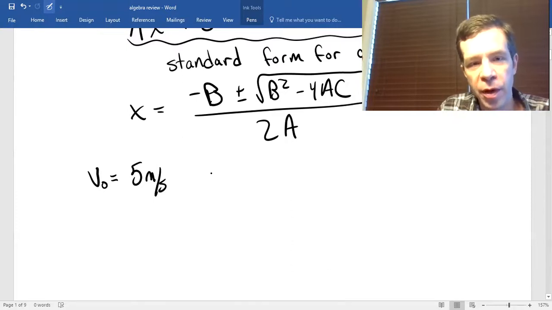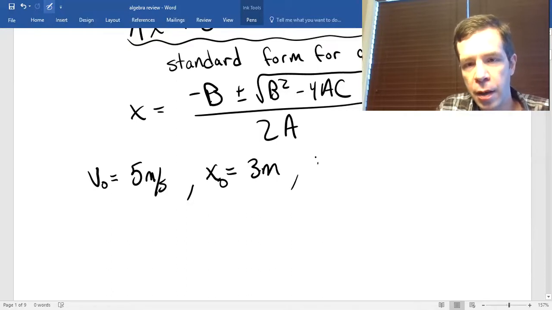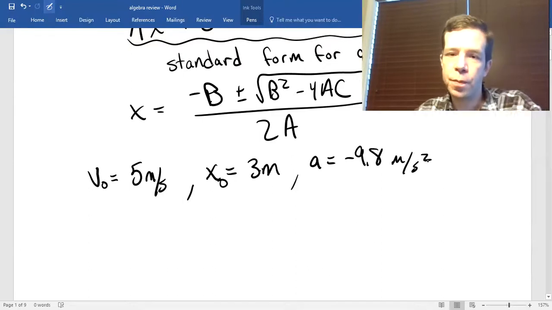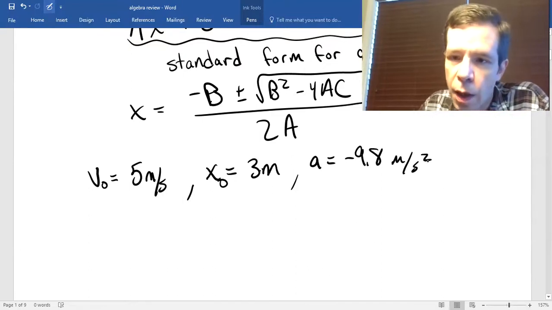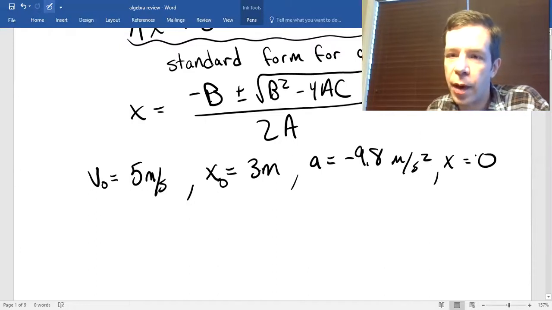We're going to throw it from the top of a roof, so I'm going to have an initial height of, let's say, 3 meters. And acceleration will be minus 9.8 meters per second squared. And final height will be 0 because it's going to hit the ground.